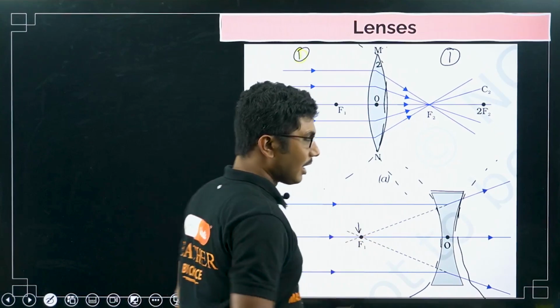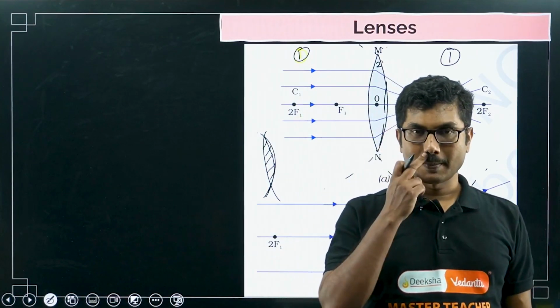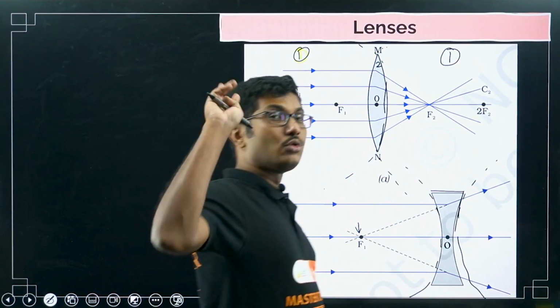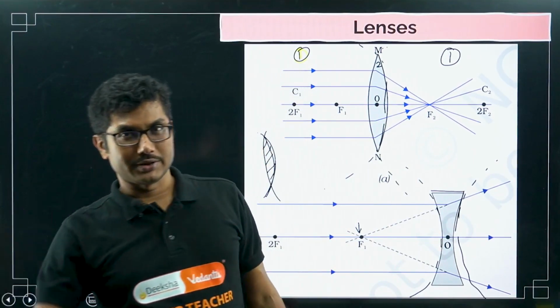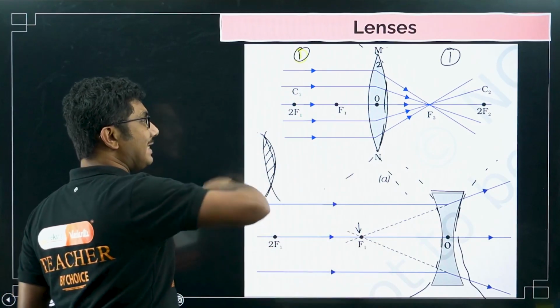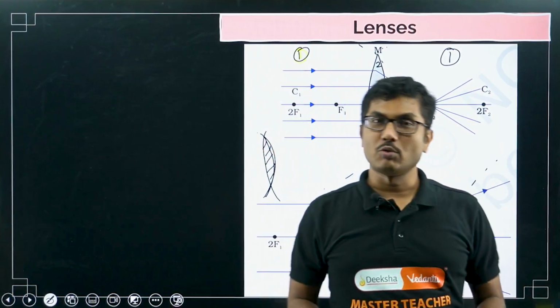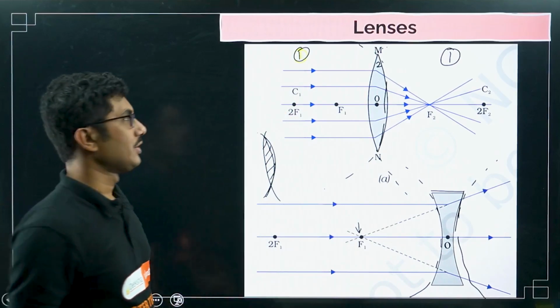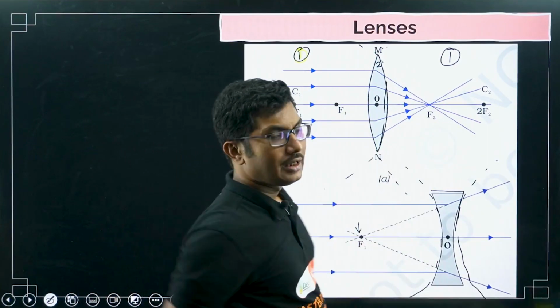That is called another principal focus. Now lenses have two principal focuses, one on either side of the lens. All types of lenses have two focuses, on either side of the lens.